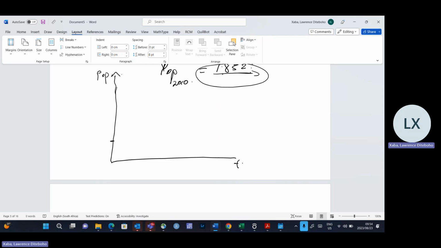And we'll have 1,000 here, and 2,000, 3,000, 4,000, okay, 5,000.